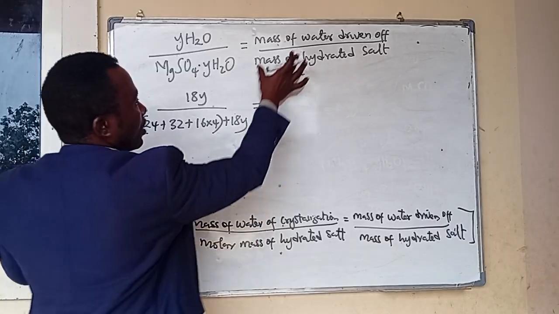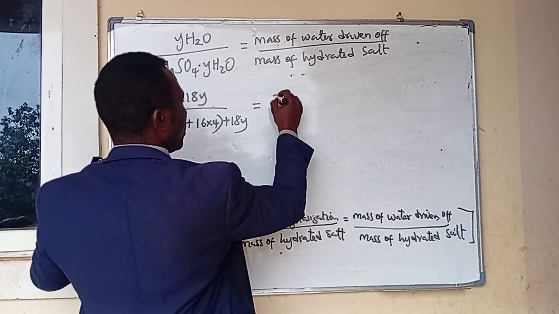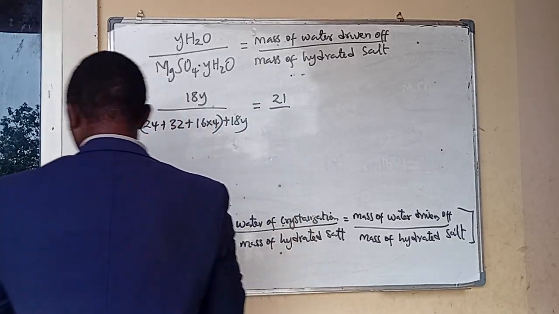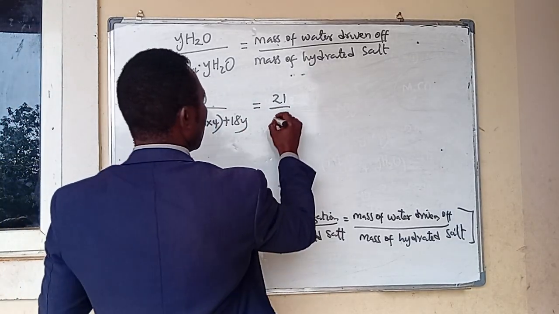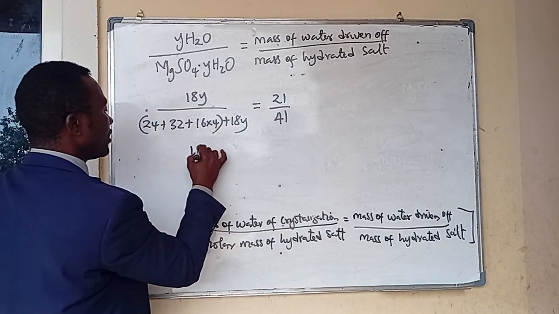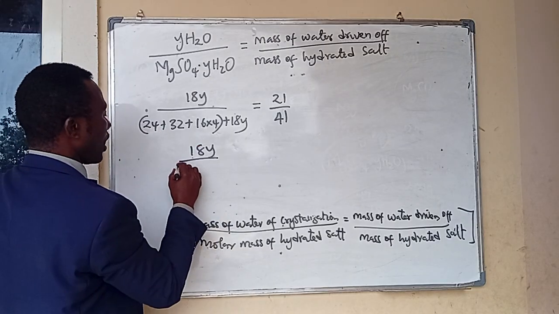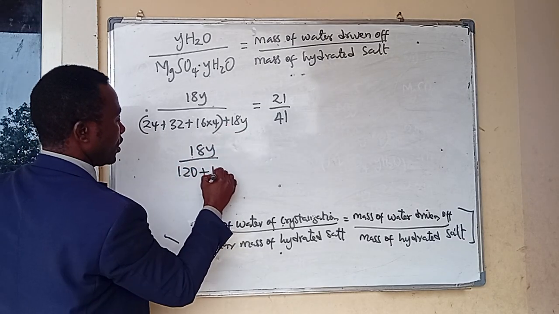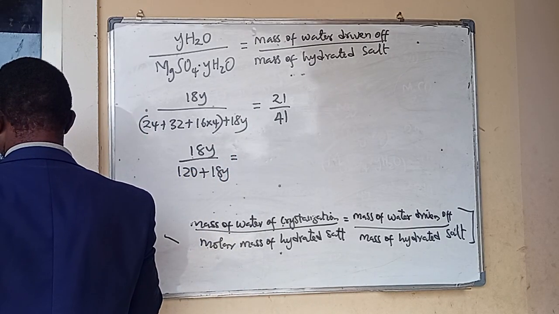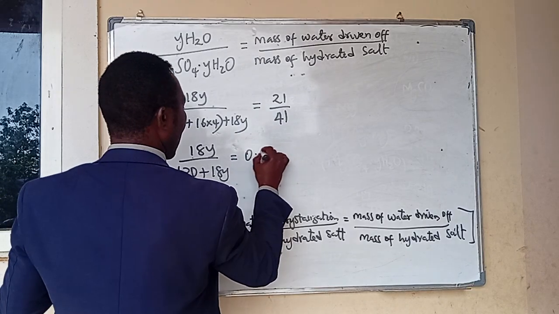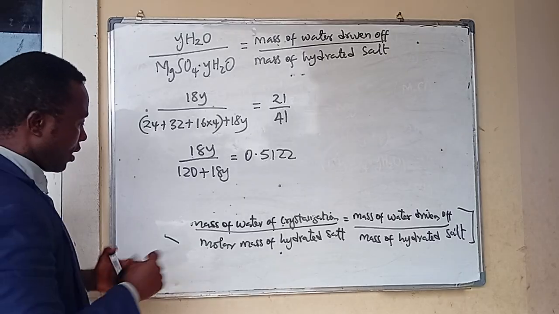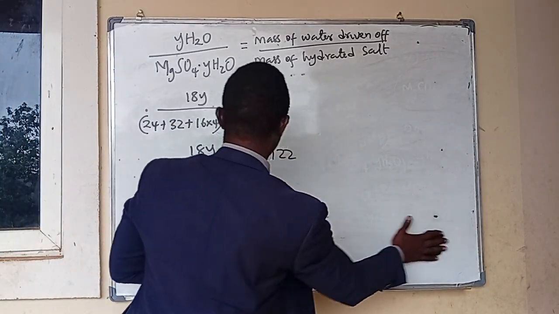So that equals the mass of water driven off, which we got to be 21, over the mass of the hydrated salt, which is 41. When we add this, we have 18Y over 120 plus 18Y equals 21 divided by 41, which is 0.5122 by calculator.